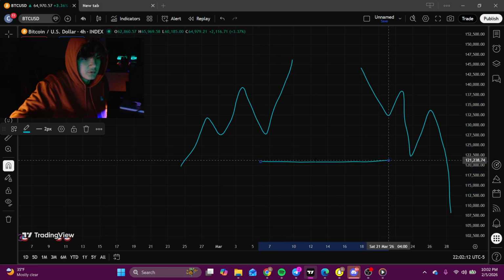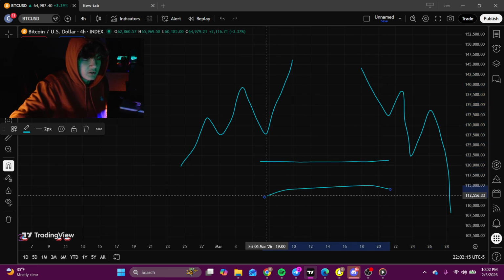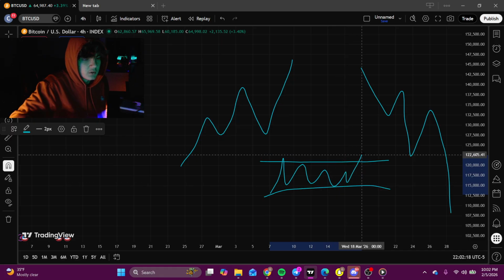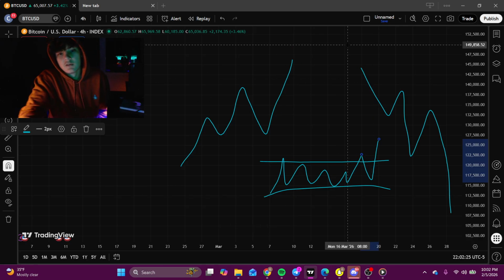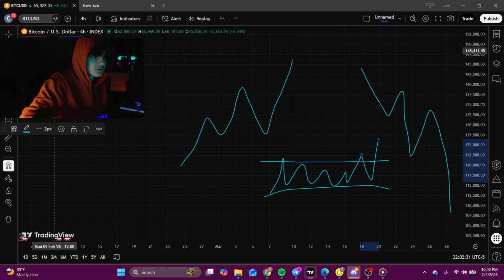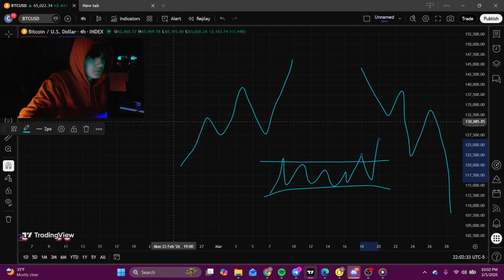And then there's sideways. You can call it consolidation, ranging, whatever you want. Right? I'm gonna teach y'all how to trade all this, and I'm gonna show y'all some trades I took on an actual chart.